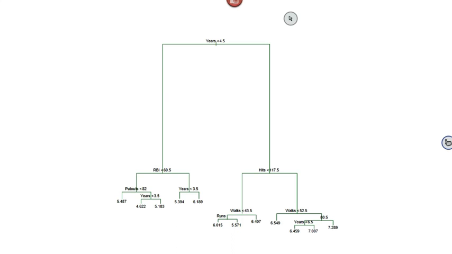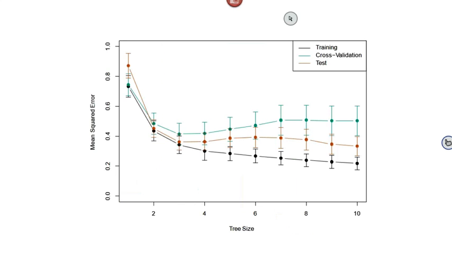So it's using actually more predictors in here. We're not just using hits and years. We're using the other predictors. And this shows what happens when we run the tree pruning algorithm: we record for each alpha parameter, which is going to be associated with a tree size, the training error, the cross-validation error, and the testing error.